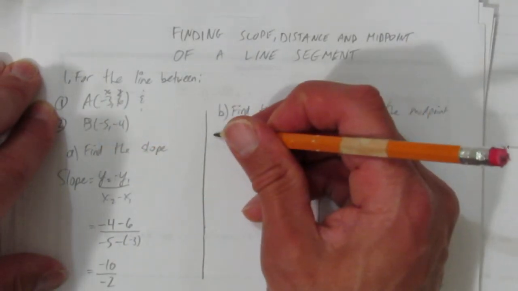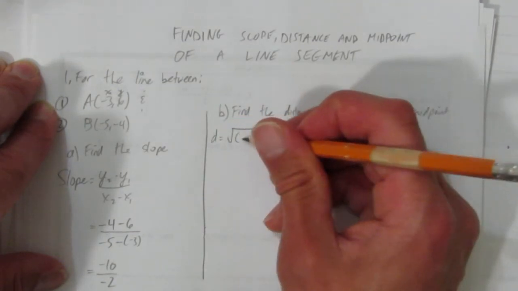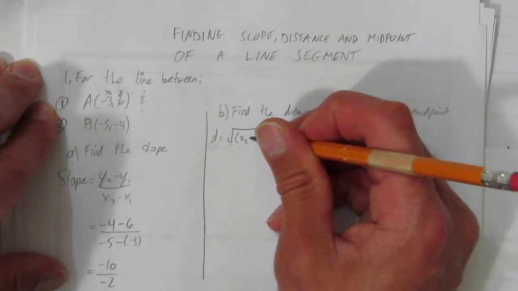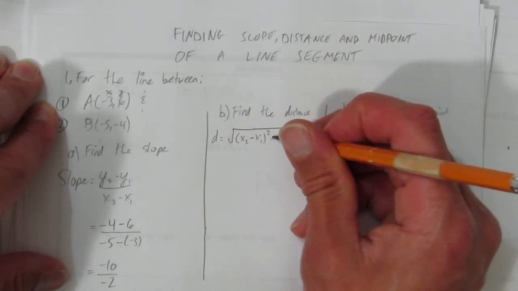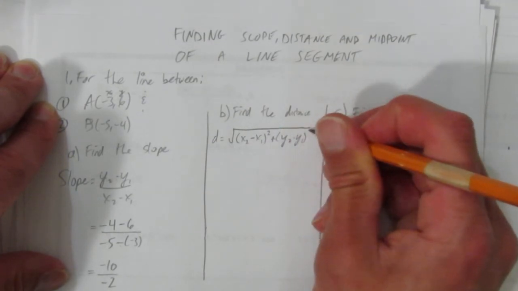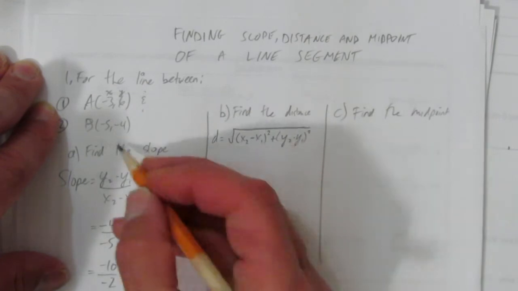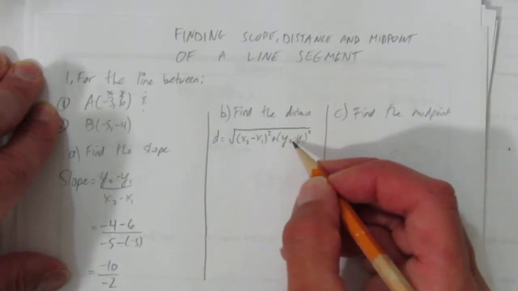Need your distance formula. D equals the square root of brackets x2 minus x1 all squared, plus y2 minus y1, all squared. You're going to have to know this formula. But it's easy. It's the same pieces as before, y2 minus y1 and x2 minus x1, except they're squared, and you add their results together.